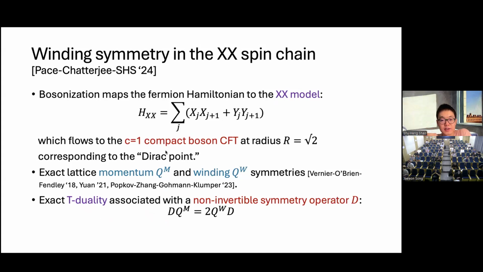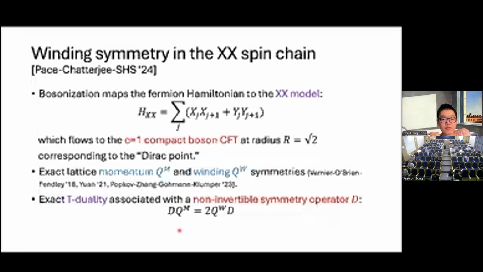It only exists in the continuum because on the lattice, we typically only have one U1, not two, and T-duality exchanges the two U1. So it's only emergent in the continuum. But here, we show that at this special point of the XXZ model, there's actually a lattice T-duality, and it's implemented by this non-invertible operator.